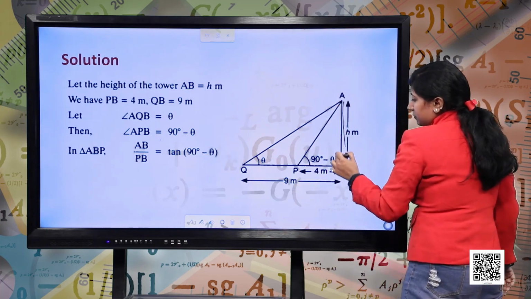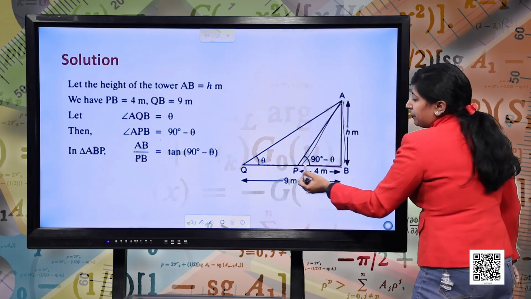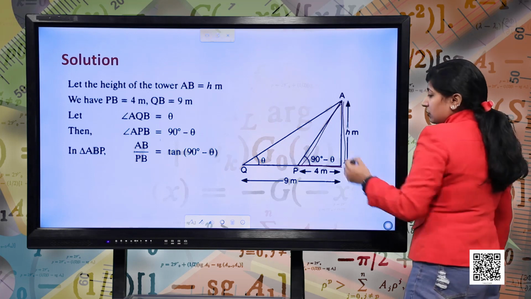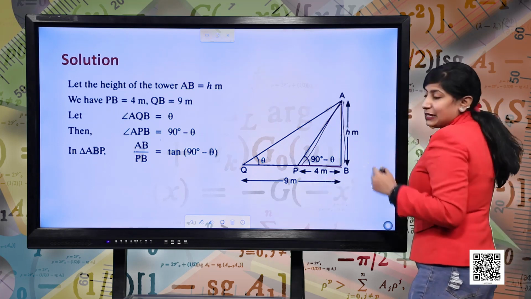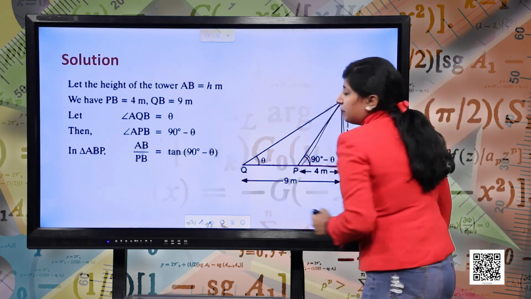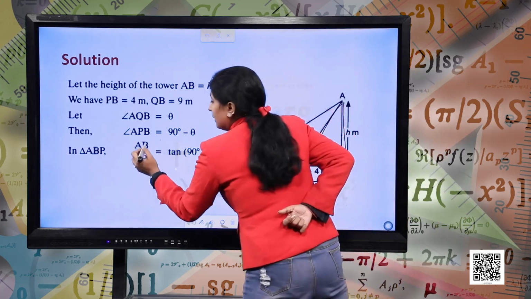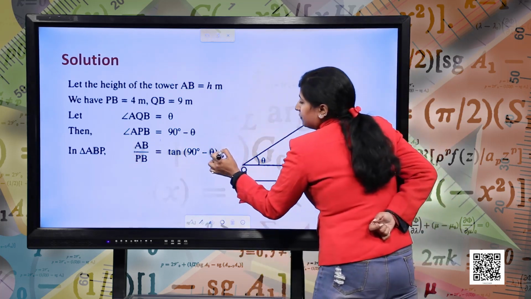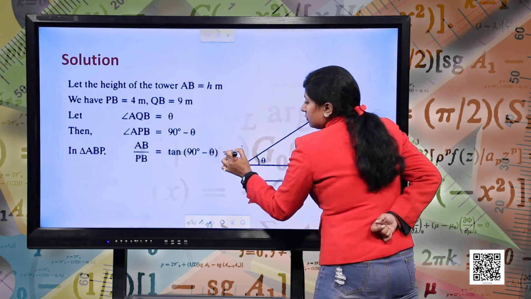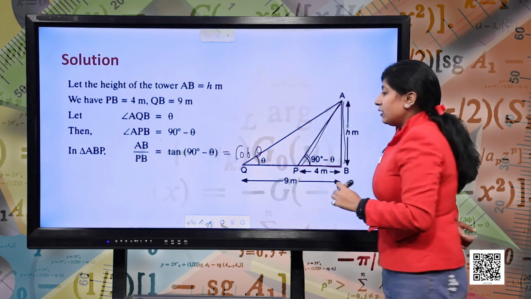In this triangle APB, h upon 4 is equal to tan of 90 minus theta. Why? Perpendicular upon base equal to tan theta. So AB upon PB will be equal to tan of 90 minus theta, which means cot theta. Why?